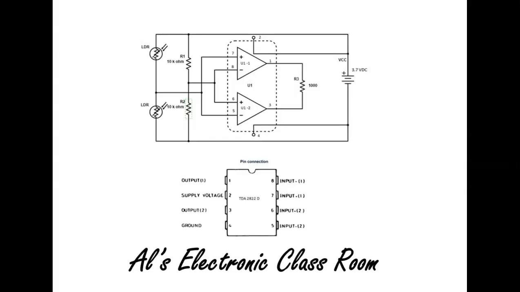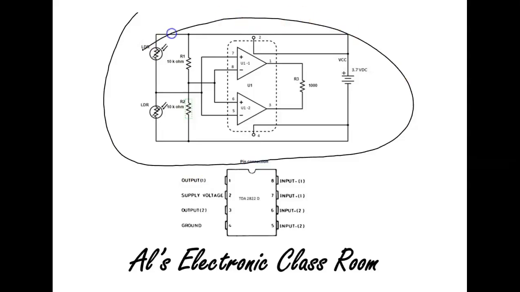Okay, I want to regress here a little bit. Before we go into that slide, here's the circuit in the last slide, and here's the component pinout. In other words, these two amplifiers are in this integrated circuit, and if you look at it, it identifies what each pin will do. 2 is the supply voltage, right there. 4 is ground.